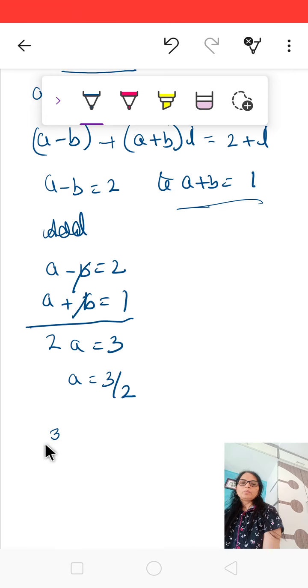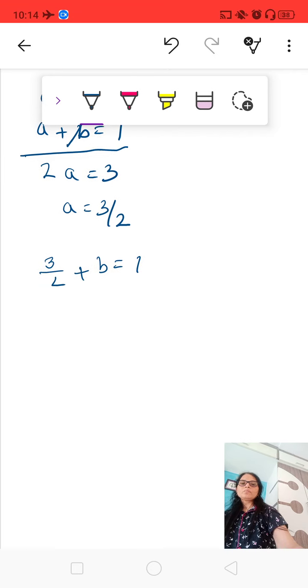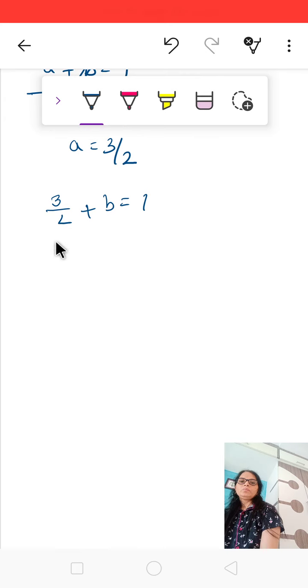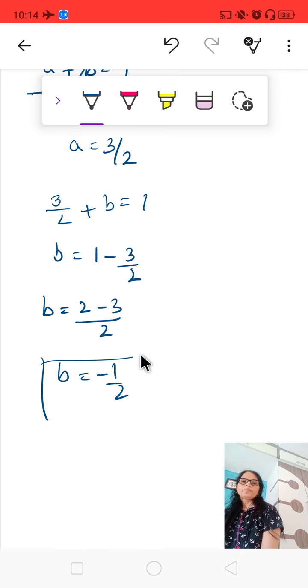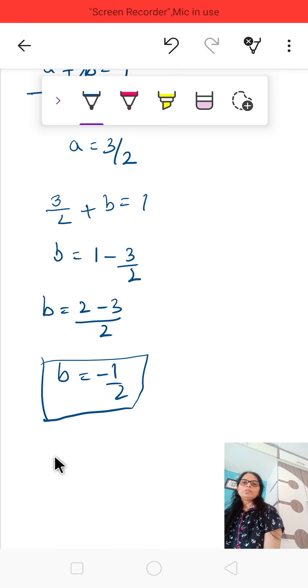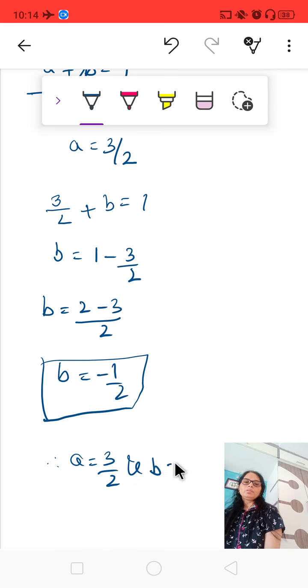So 3 upon 2 plus b is equal to 1. Therefore b is equal to 1 minus 3 upon 2, so b is equal to 2 minus 3 upon 2, b is equal to minus 1 by 2. So hence a is equal to 3 by 2 and b is equal to minus 1 by 2 is the solution.